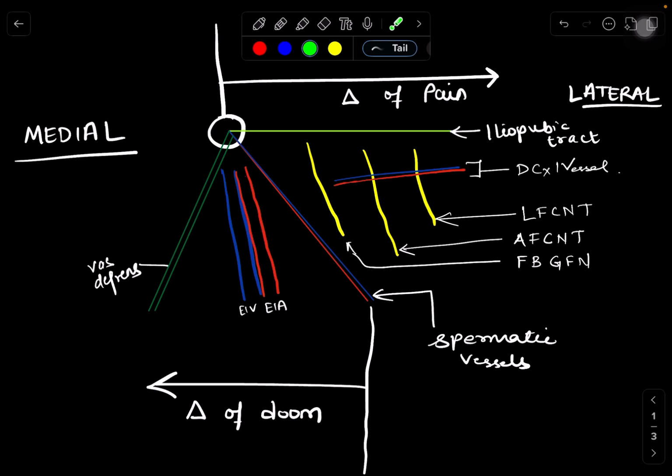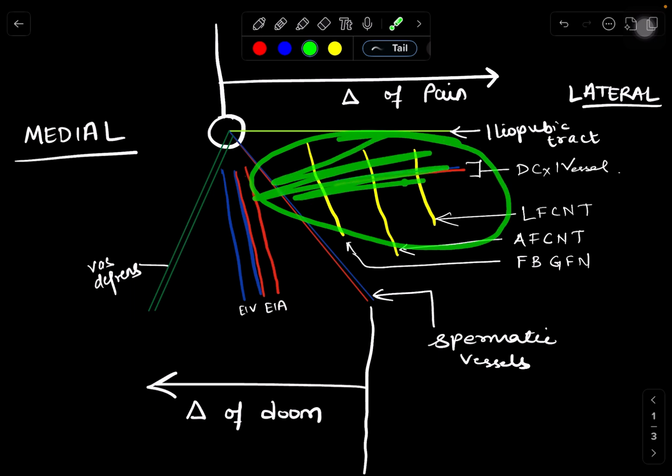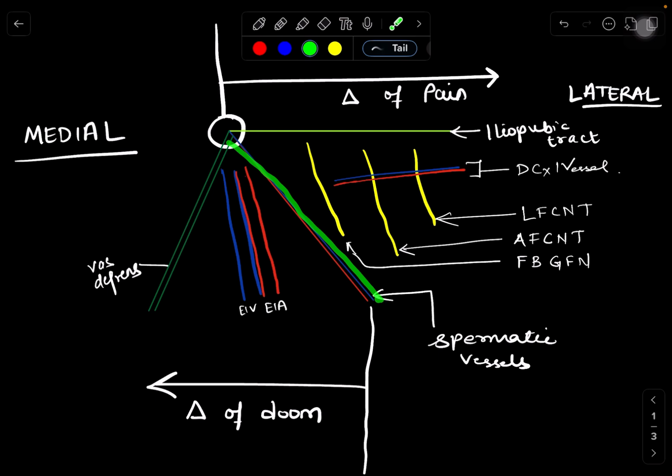Now going to the next triangle, that is the triangle of pain. The triangle of pain is lateral to the spermatic vessels and below the iliopubic tract. It contains nerves. The nerves here are the femoral branch of the genitofemoral nerve, the anterior femoral cutaneous nerve of thigh, and the lateral femoral cutaneous nerve of thigh.